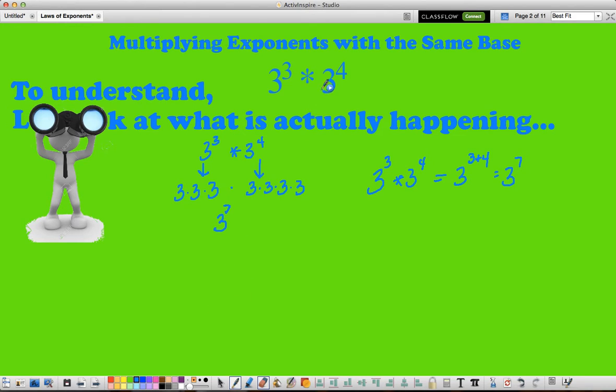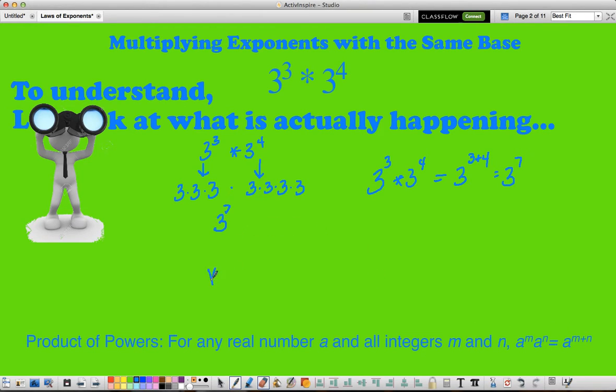Okay, so the product of powers law tells us that for any real number a and all integers m and n, if I have a to the m times a to the n, it gives me a to the m plus n.